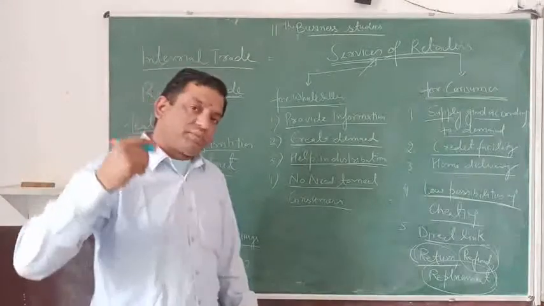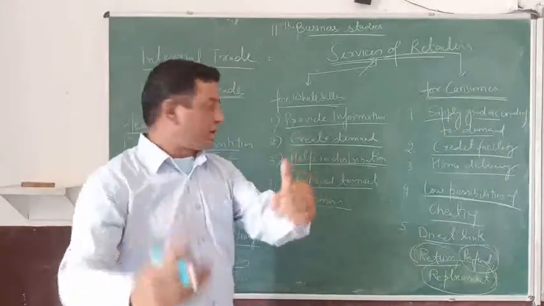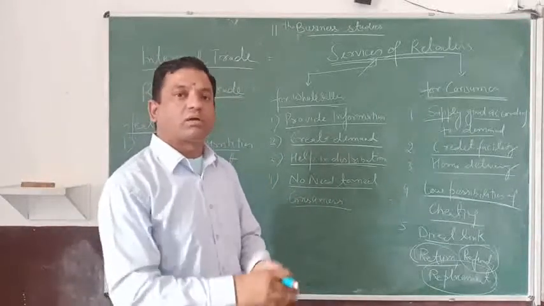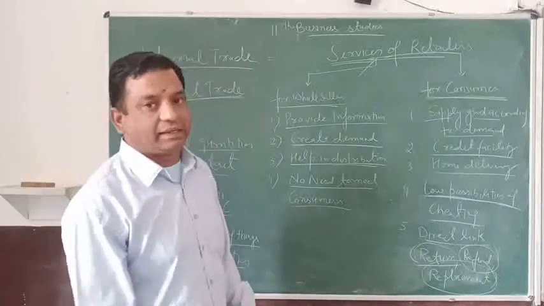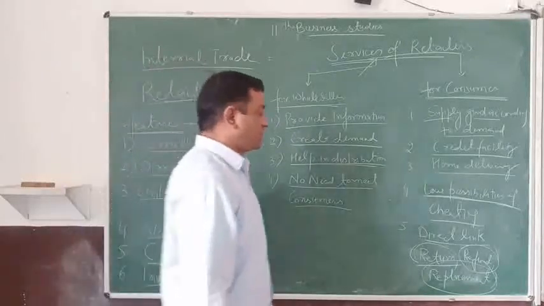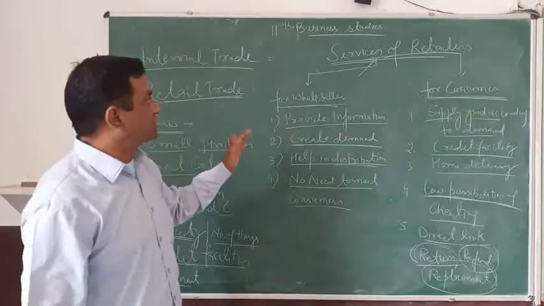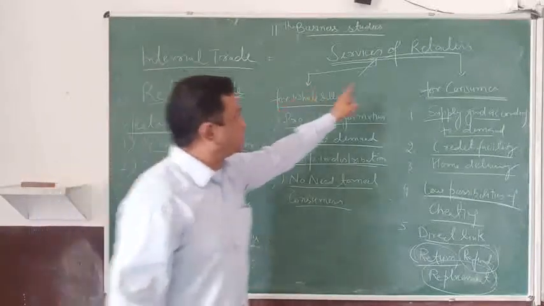Means the defective or inferior quality goods will be given back to the retailer, and in their place new goods, up to specification and requirement, will be given by the retailer to the customer, means replacement. So these are the different facilities, functions or services provided by the retailer to the wholesaler and to the consumer.